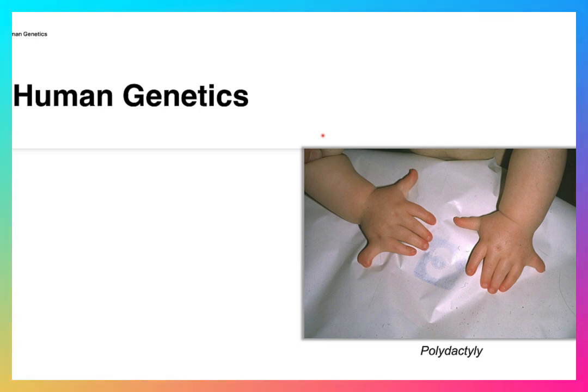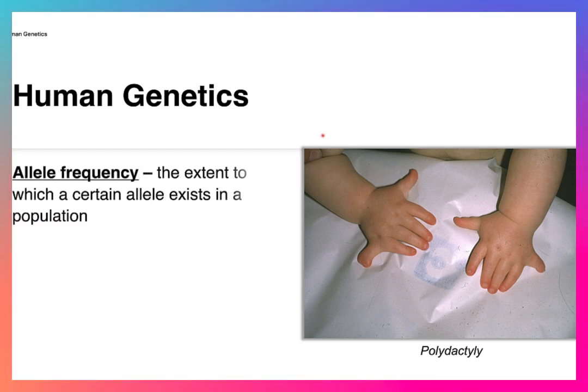Now in humans, there are various genetic traits that are carried either on the sex chromosomes or on other chromosomes. This is an interesting trait known as polydactyly. In case you hadn't noticed, this child has 6 fingers on each hand.